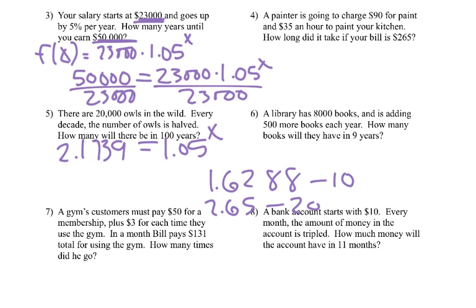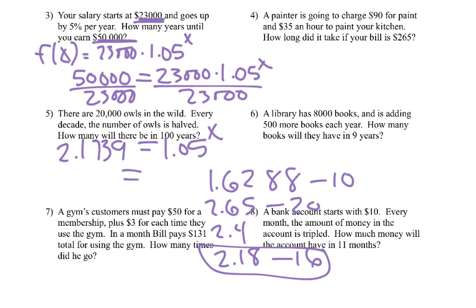Let's try 18. 1.05 to the 18 is 2.4, so less years than that. 1.05 to the 16 would be 2.18. So probably 16 years. Let's try 1.05 to the 15th. We get 2.07, so I'd probably go with 16 years. So x would equal 16 years.